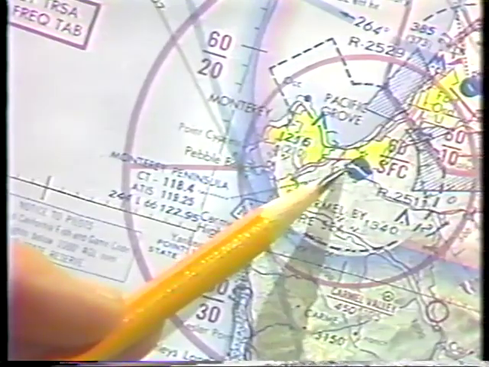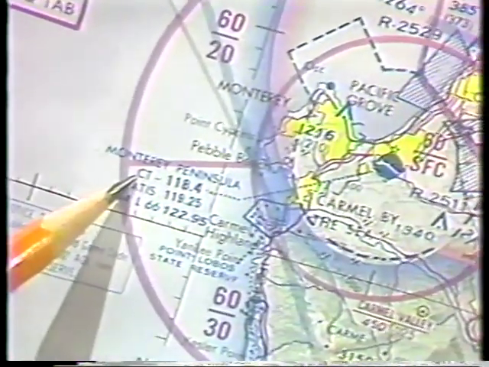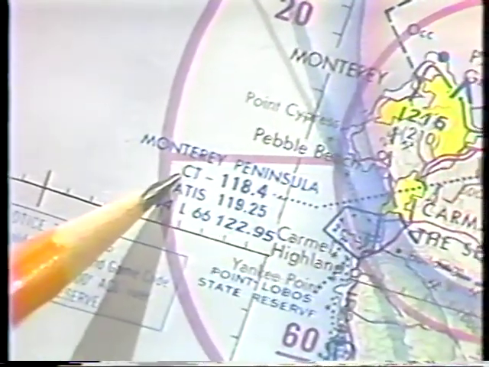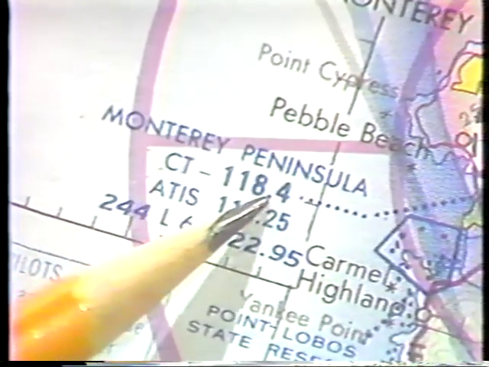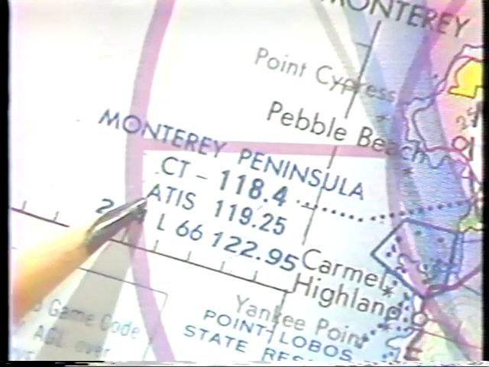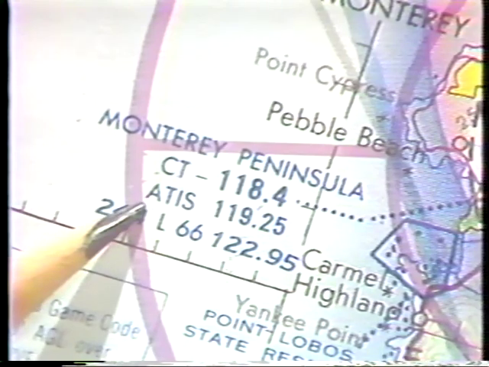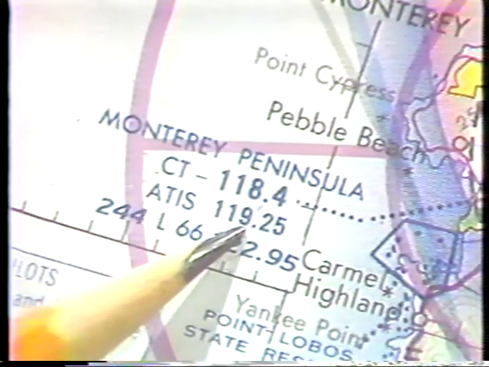Controlled airports have additional information regarding radio frequencies. After the airport name is the control tower frequency indicated by CT and the appropriate frequency. The next line has the word ATIS, standing for Automatic Terminal Information Service, and next to it the appropriate frequency where ATIS is available.